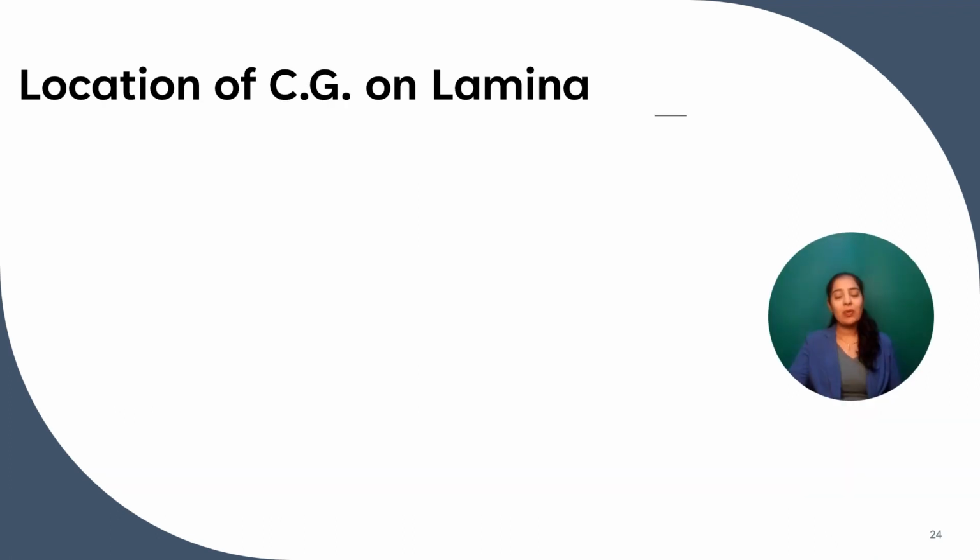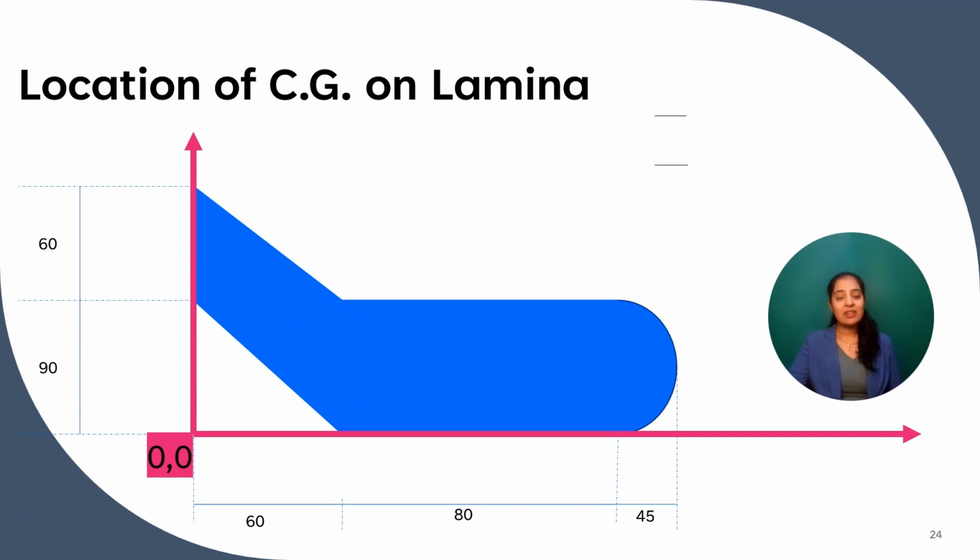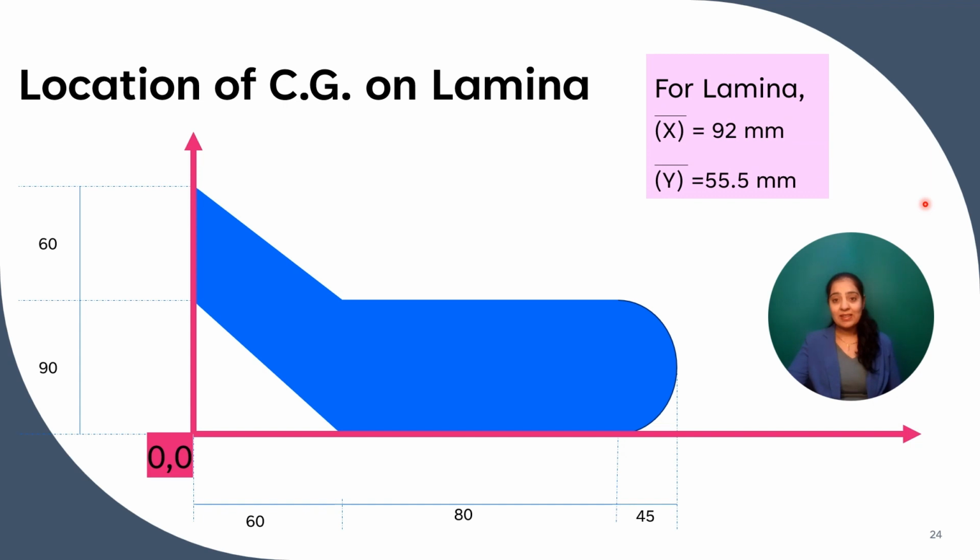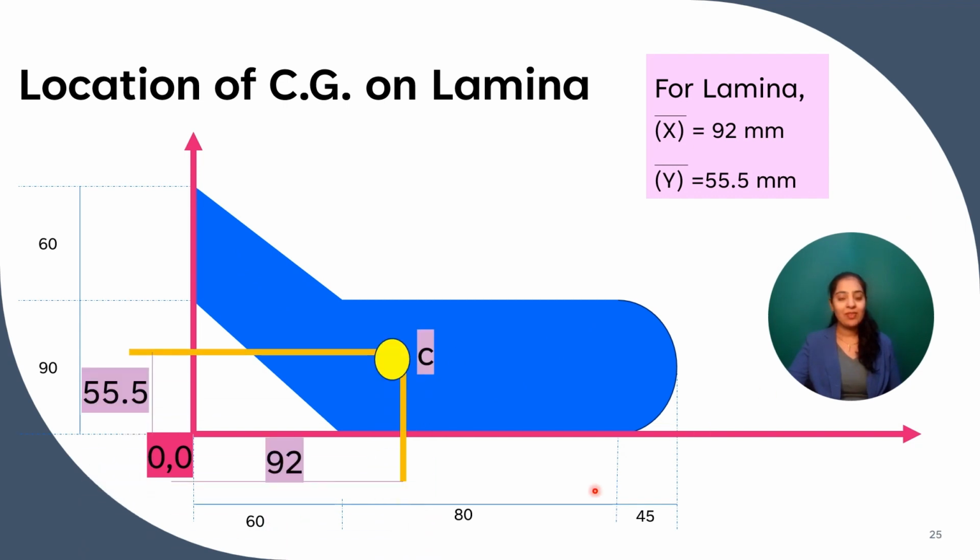Now we have to show that in this figure. So this is our given lamina and these are the coordinate axes. So let's locate the center of gravity for this complete lamina. So it is here. So x bar is 92 mm.